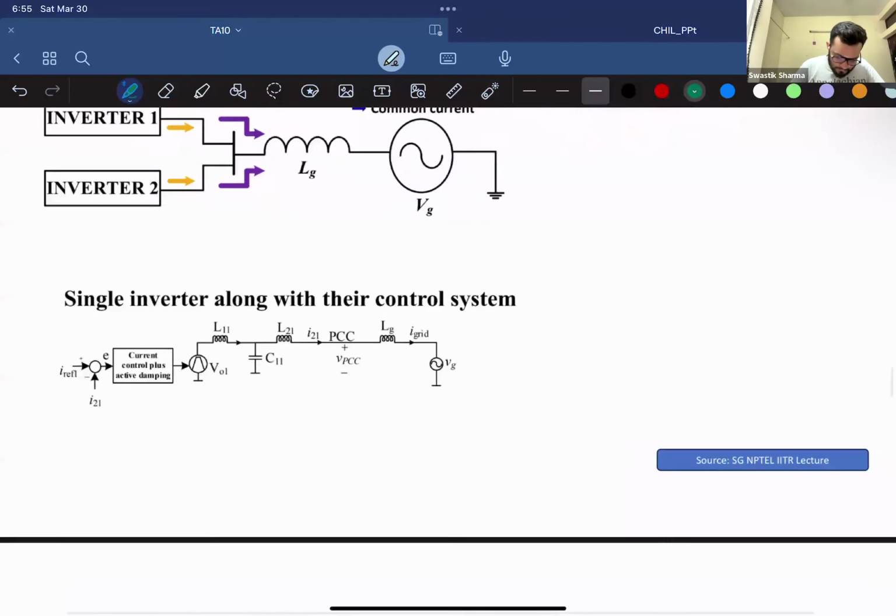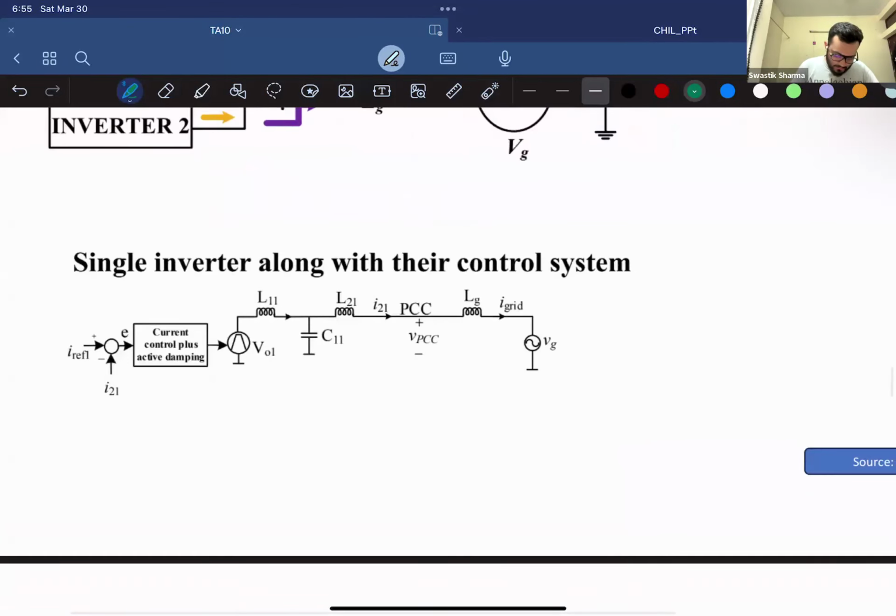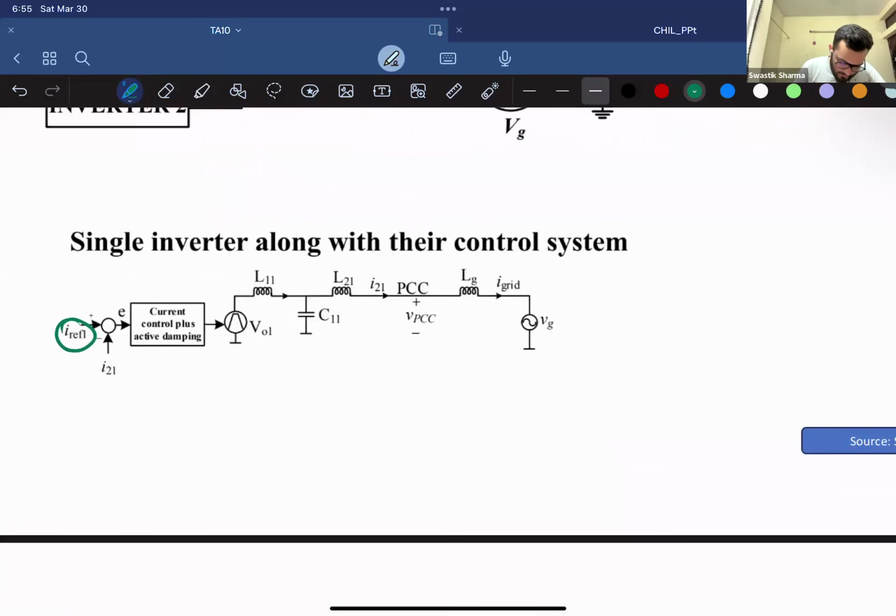So what you have is your reference current. Since it's a current source inverter, it's controlled through current. So you feed in a reference current and check what kind of current it is feeding back to the grid. This current is being fed from here to here, so it's a feedback loop, right?